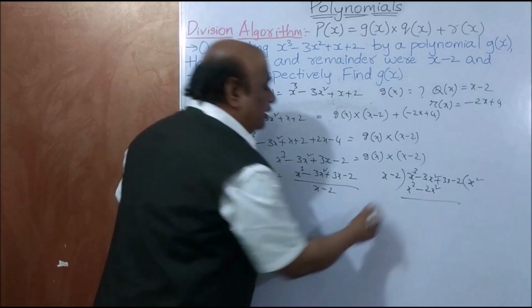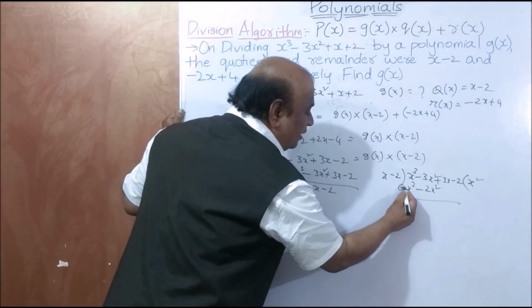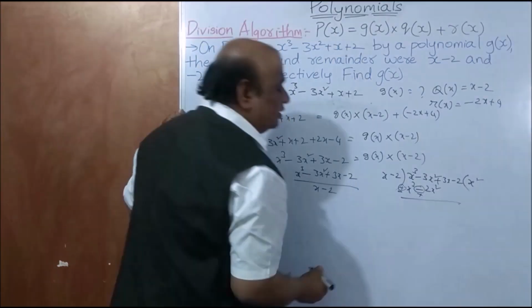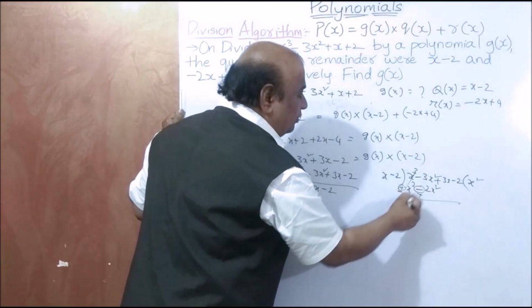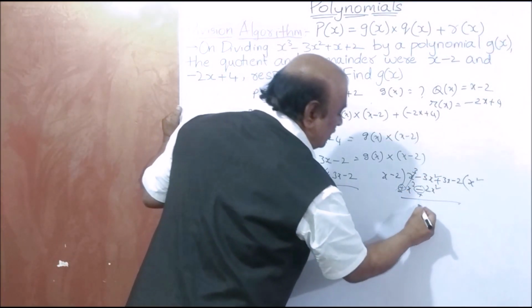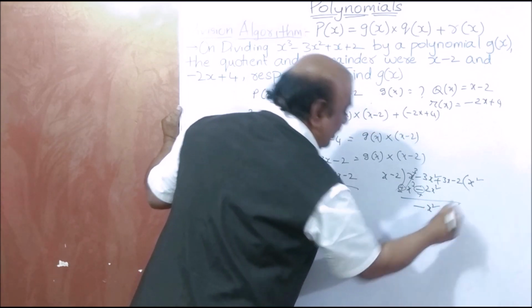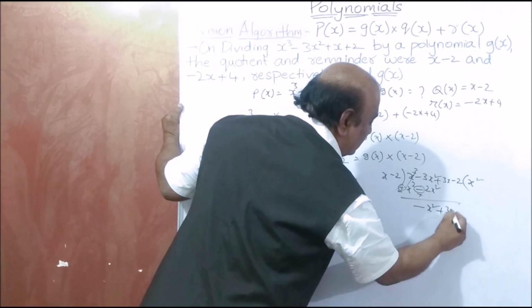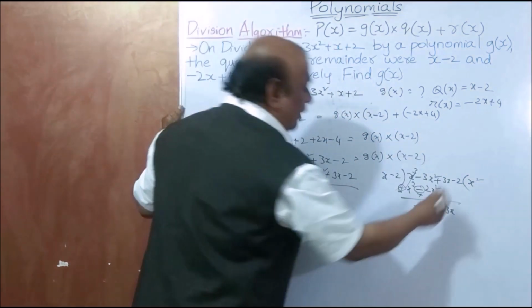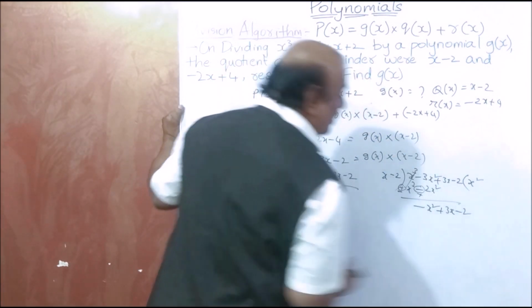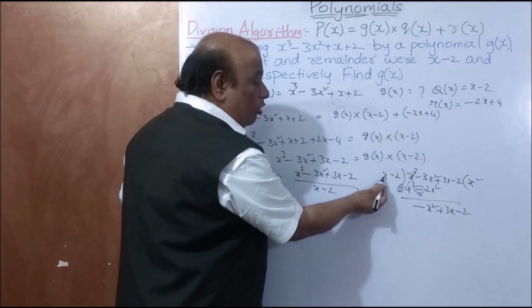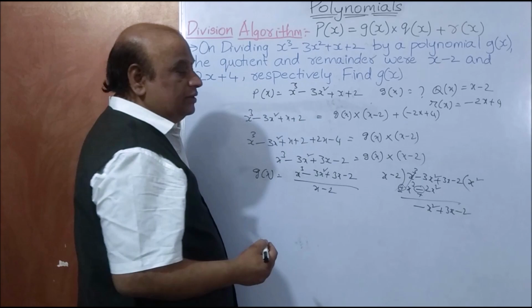Now you change the symbols, plus becomes minus, minus becomes plus. Now x cube cancels. Now this is minus x square plus 3x minus 2. Now x into how much is minus x square?